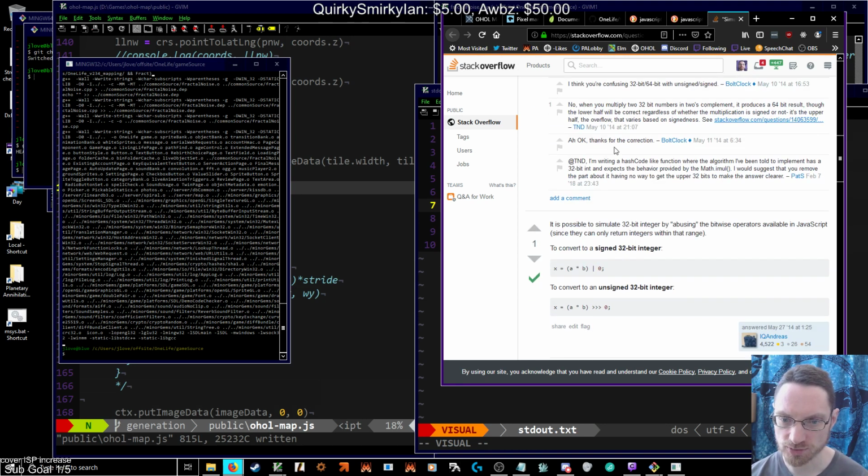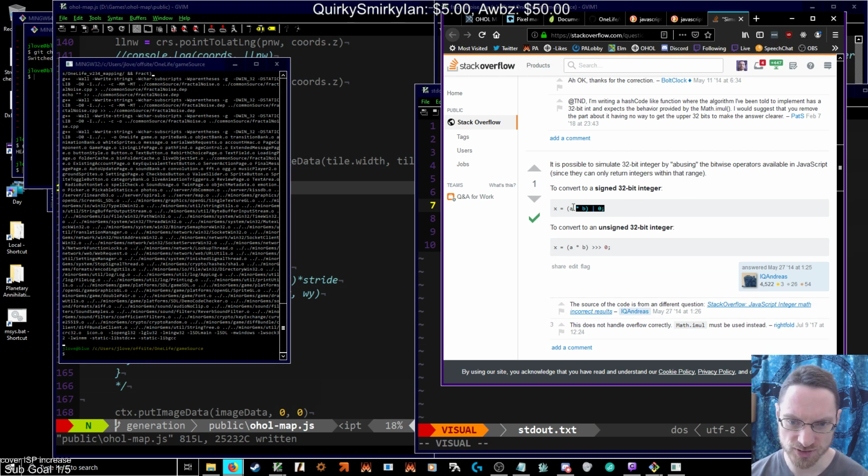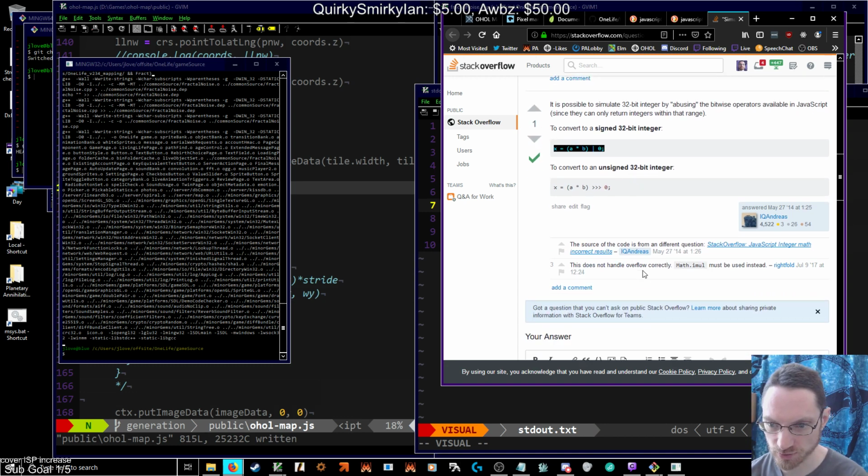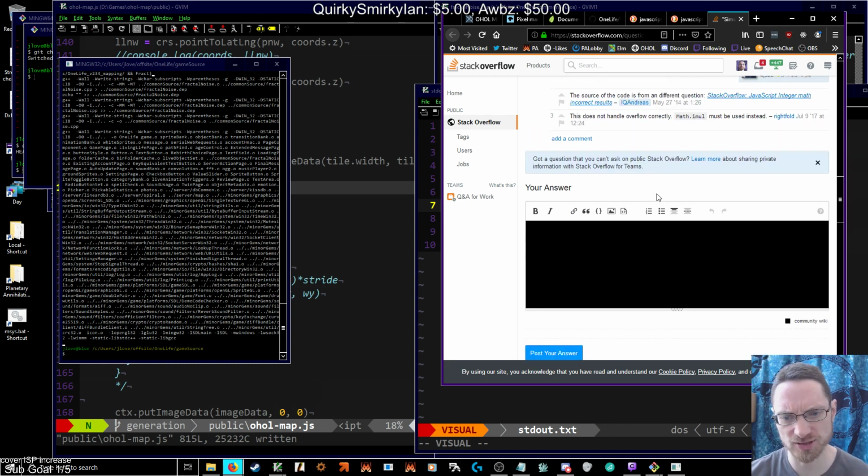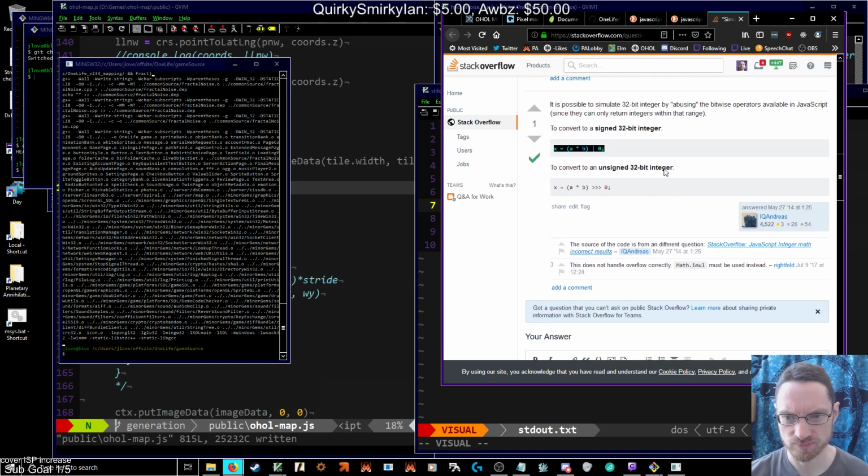So there are possible shims. Oh, that's right. I remember seeing these tricks before. Signed 32-bit integer, unsigned. Should be a different question. Does not handle overflow correctly. For multiplication, we also have some addition, so that's interesting.